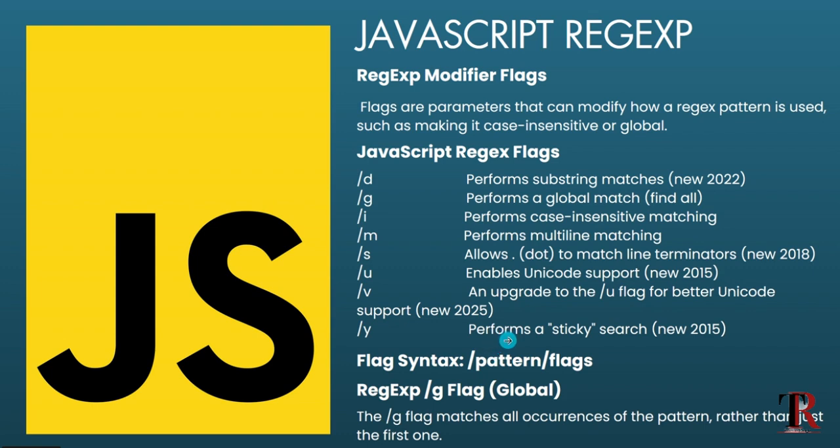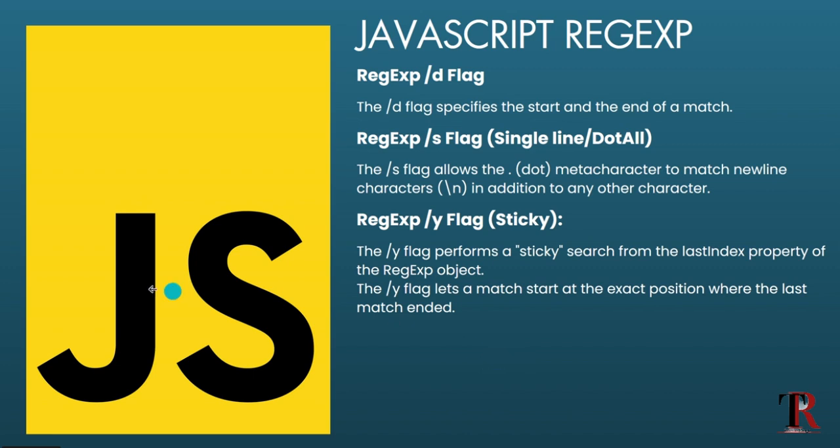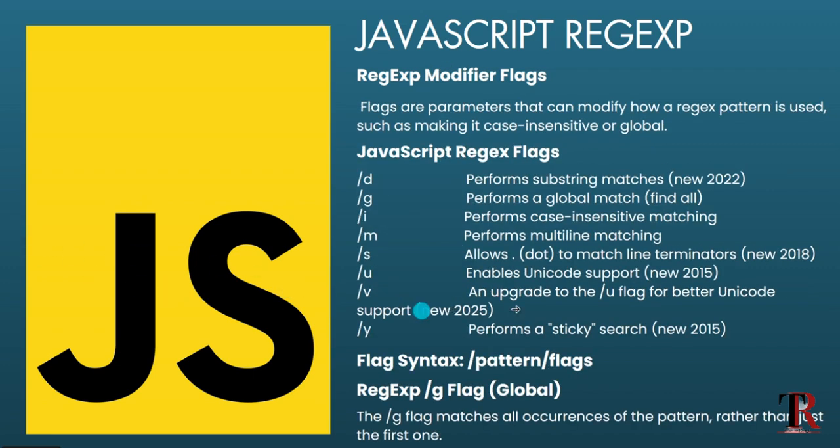The pattern is the regular expression, the search criteria you want to search for. The other / is the closing delimiter for the regular expression. And finally, the flag is one or more single modifier flags that help determine the output of your search, whether it should be a global search, case insensitive, or whatever.